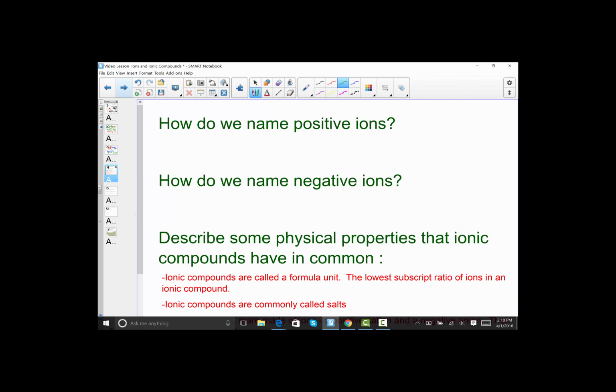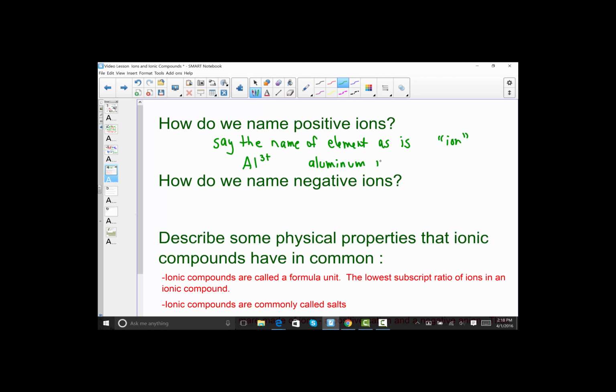To name positive ions, we say the name of the element as it is, and then put the word ion after it. If I wanted to name Al3+, I would call it aluminum ion.